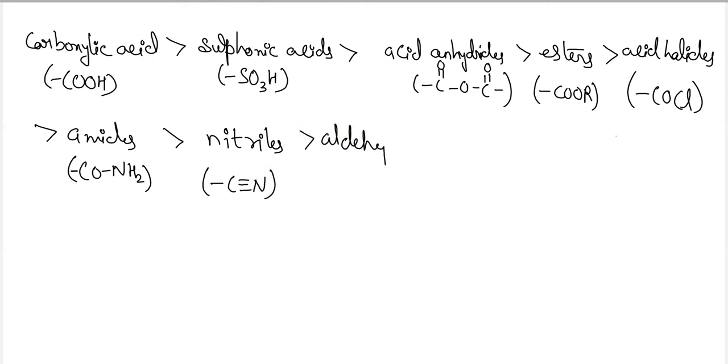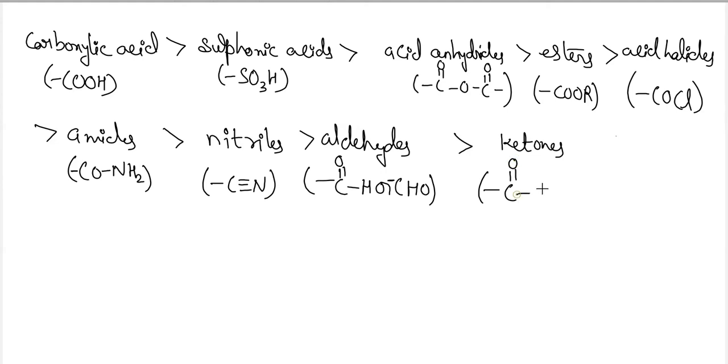Then the next position is given to the aldehydes, that is CHO. The next position is given to the ketones, that is C=O. The next position is given to alcohols, OH.